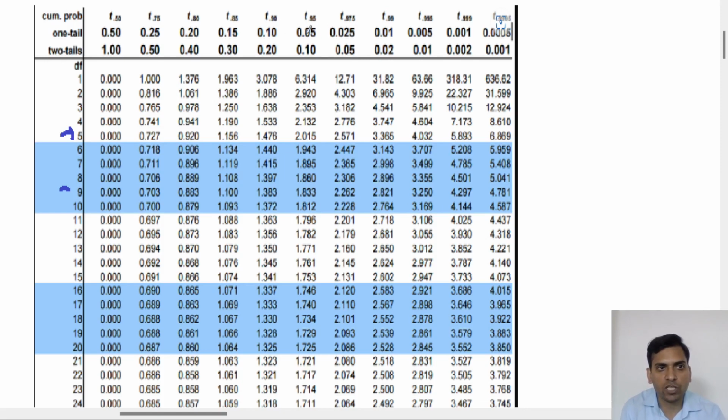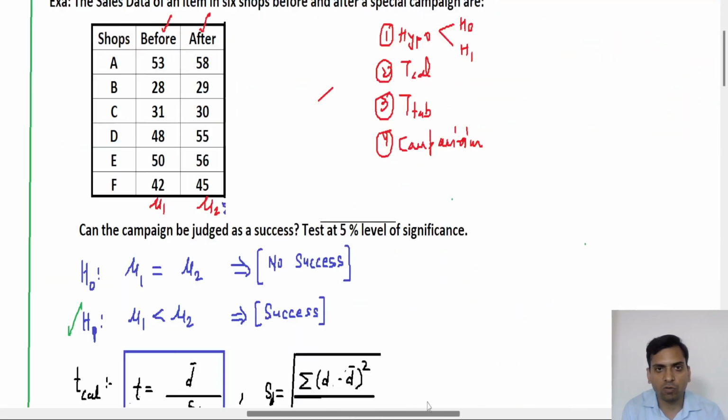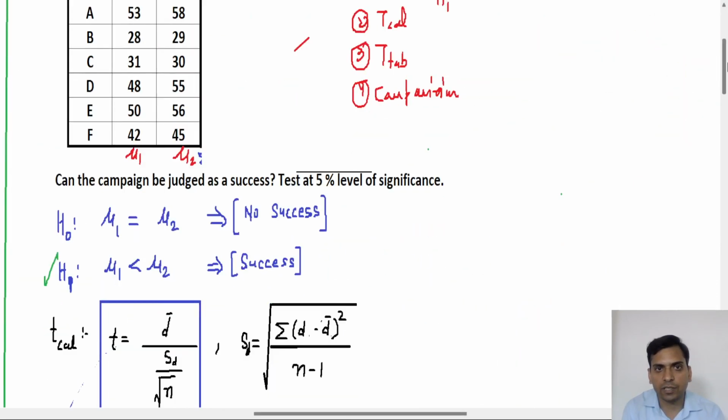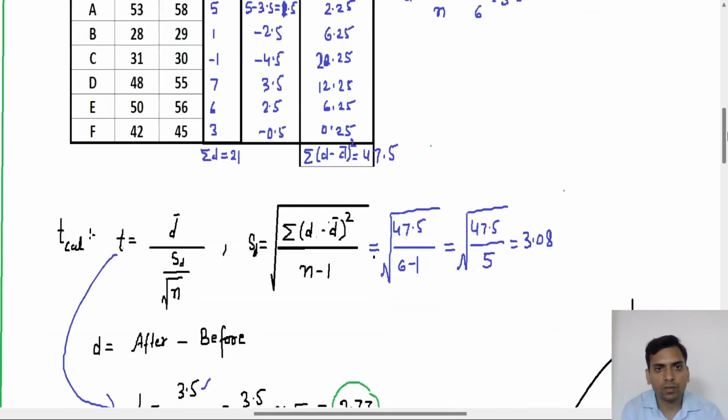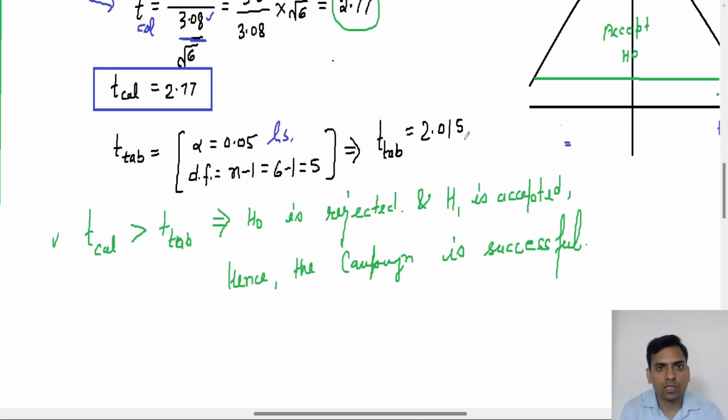So for this location, this value is 2.015. This is for a one tail test, 0.05, and degree of freedom 5. So the value of t tabulated is 2.015.